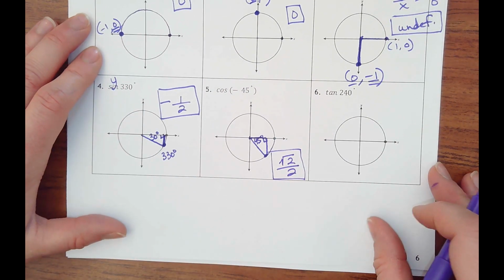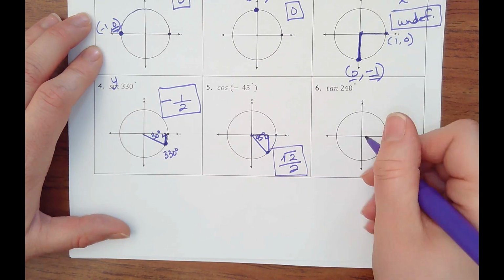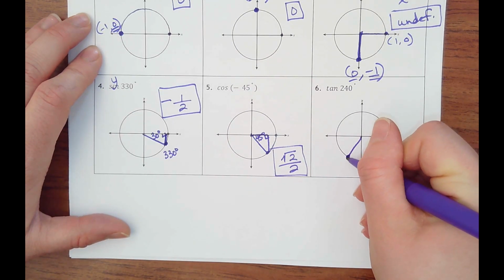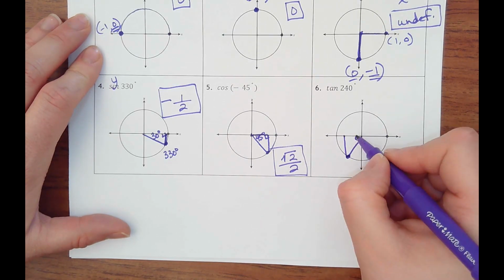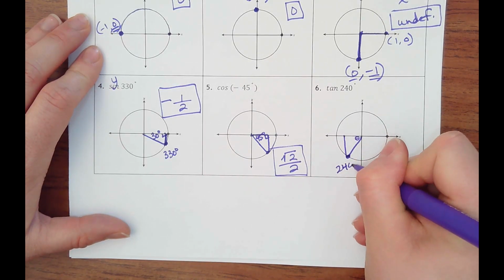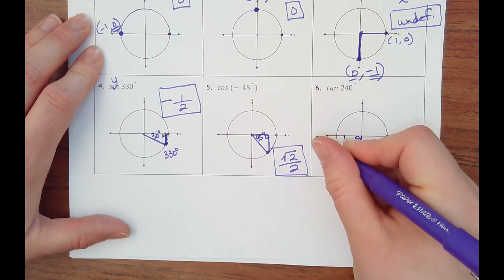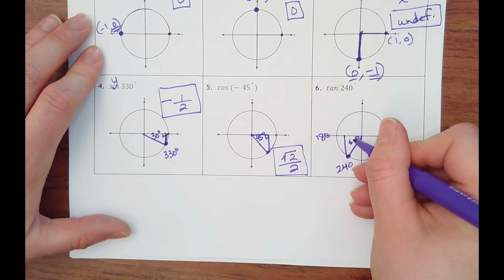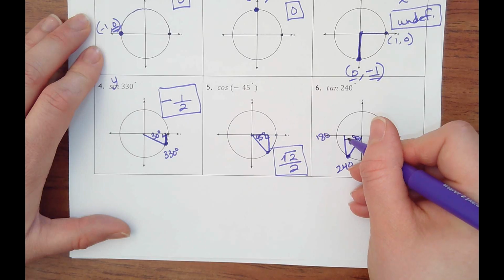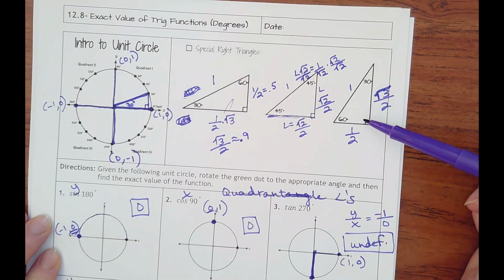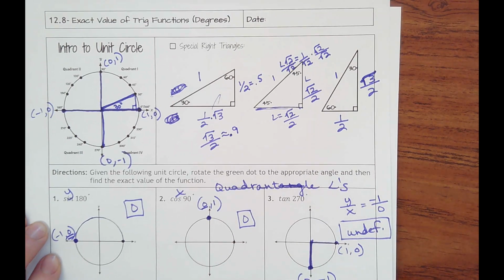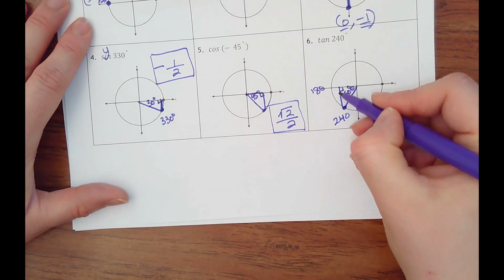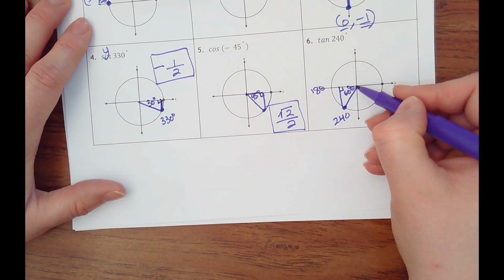And then we got tangent of 240, that would be in here. Makes my triangle here. So if this is a 240 degree turn, 240 minus 180 means this is really a 60 degree angle. So I'm looking at the 60 degree triangle. They want to know tangent, which is y over x. The y, the long leg, over the short leg.